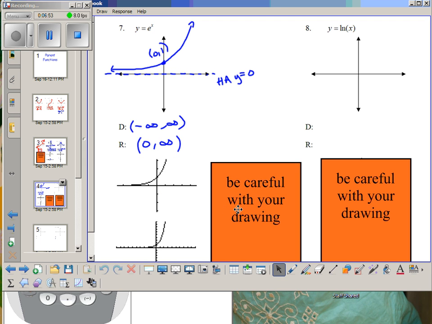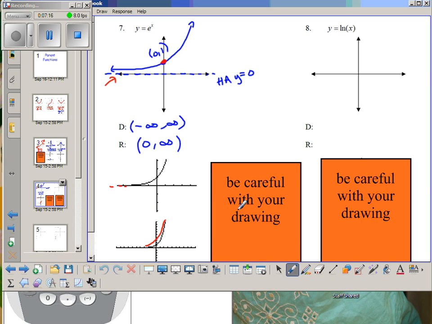Be careful with your drawing. It does not just come down and hit the axis. No, no, no. This is asymptotic behavior. So the things you will have to follow when you do your transformations are the point 0, 1 and this horizontal asymptote.